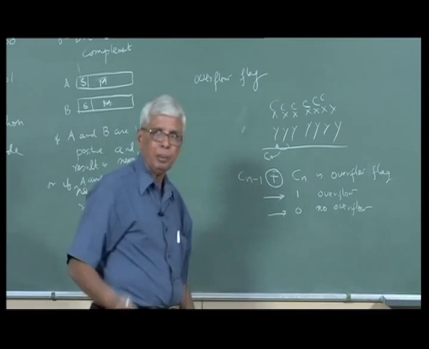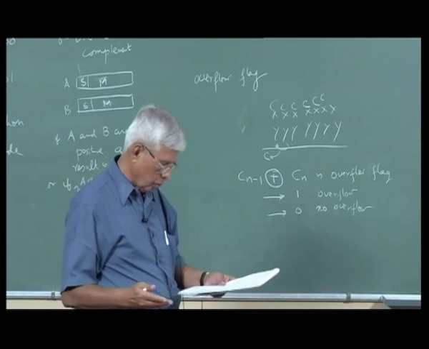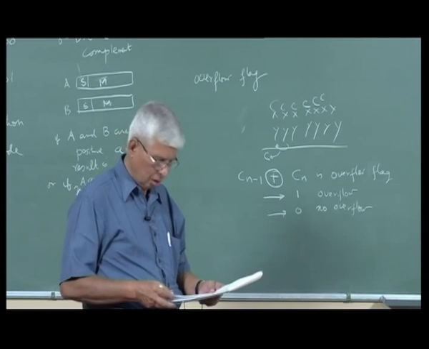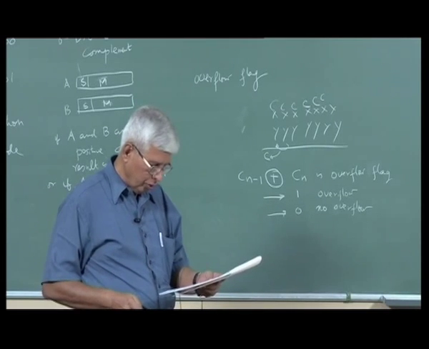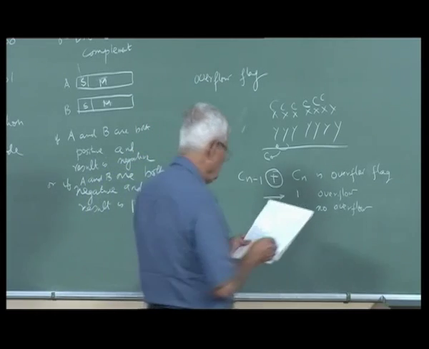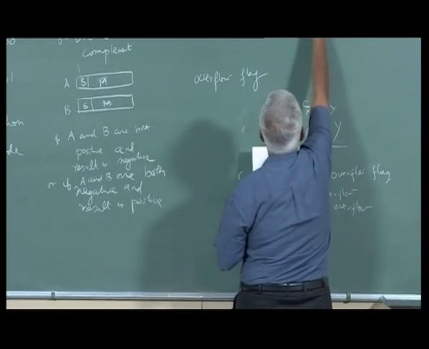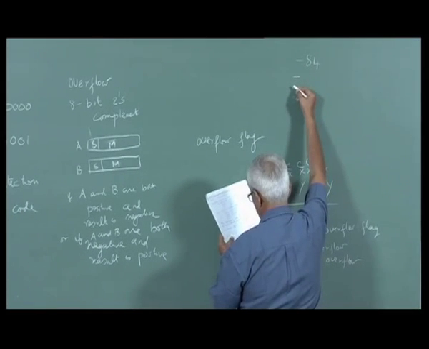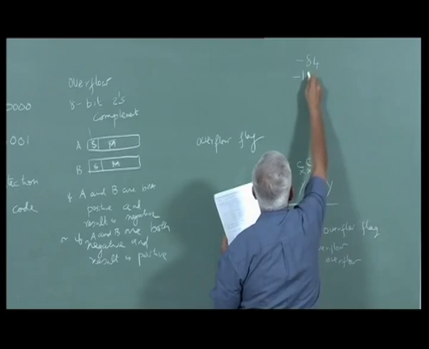That day I gave the example of 2 numbers. I don't know what numbers I gave. I was using 4-bit numbers. Today I will give an example of 8-bit numbers. Minus 84 and minus 107.